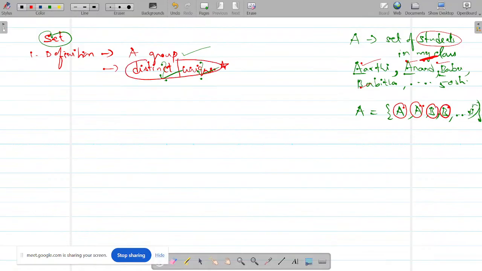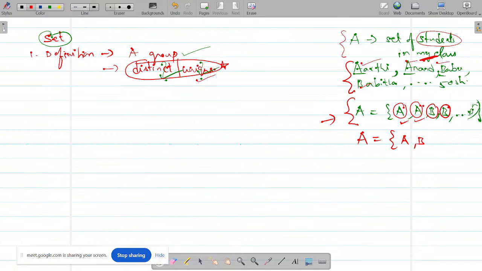As per the definition of the set, this is not allowed. Actually, it's a very big limitation. When this one is given, it's fine. When this one is given, it's fine. But when the set is represented in this form, I have to write set A consists of A, B only. The 2 A's, I'll not repeat. The 2 B's, I'll not repeat. That's what I call unique. Actually, it's a limitation.